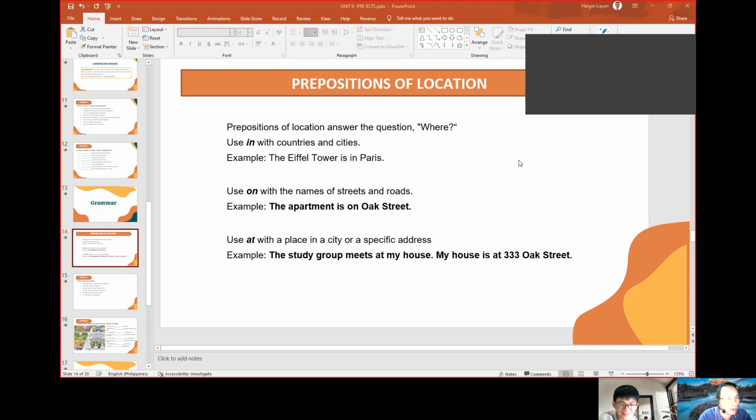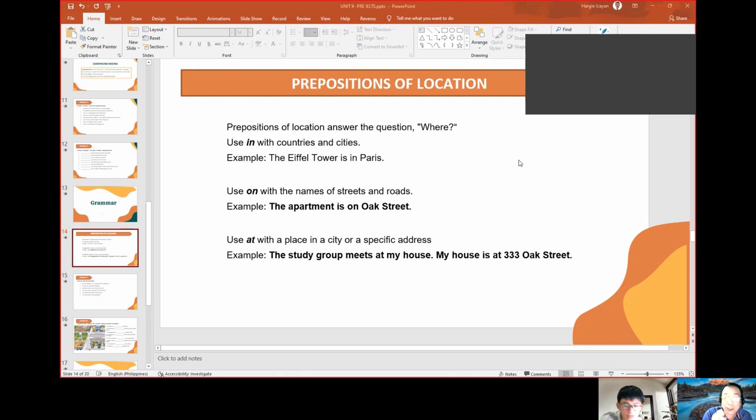Okay, let's review how we're going to use the prepositions in, on, and at. Tell me the differences. First, we use "in" for an uncertain location, like a city or country. Very good.